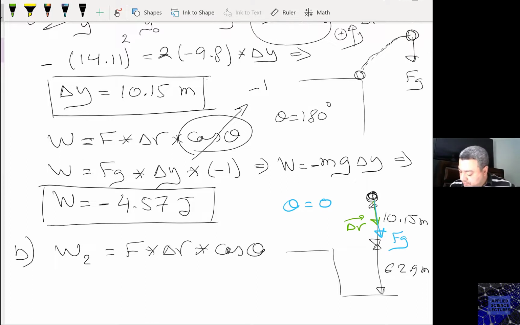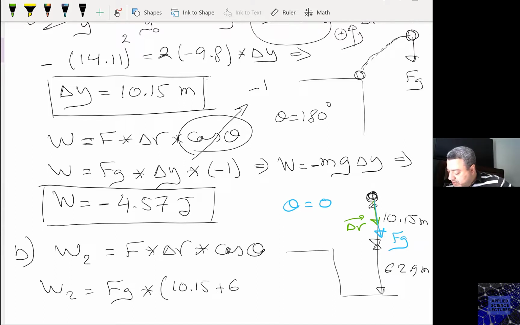So now if I write the work done by the gravity on this ball from the maximum height all the way to the ocean, W2 becomes, F is again Fg. My delta r here is 10.15 plus 62.9, and my cosine theta becomes 1.